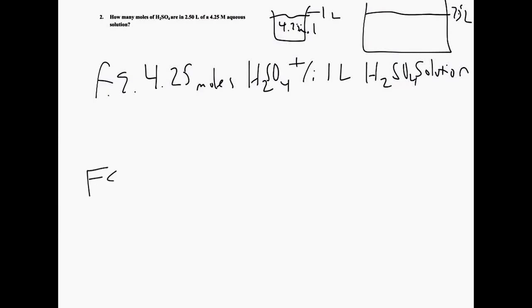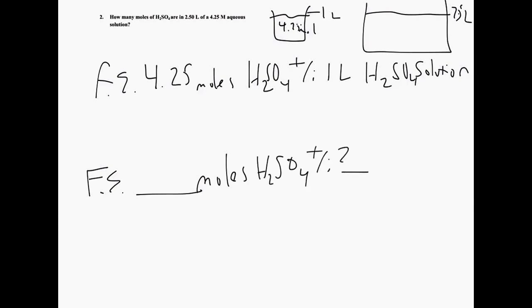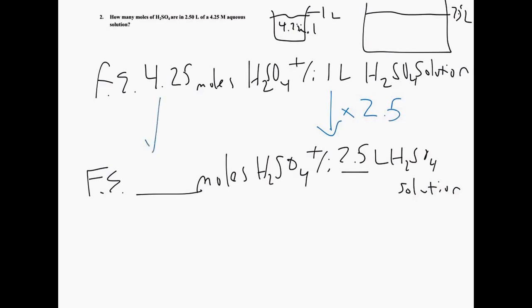And if we think about this as a forever statement, or just logically, well, if we got more liters, we would need more moles. So if we set up our forever statements, then we can just go down. It would be 2.5 times as much.